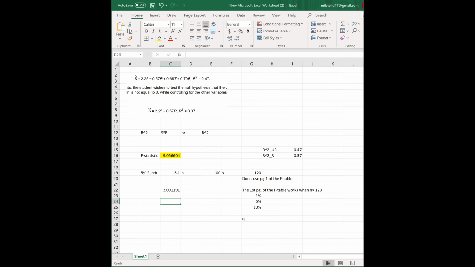If you want to pick the F critical value, pick it from the F table. Everything else, I have not noticed any other discrepancies for the problems I have on the exam.